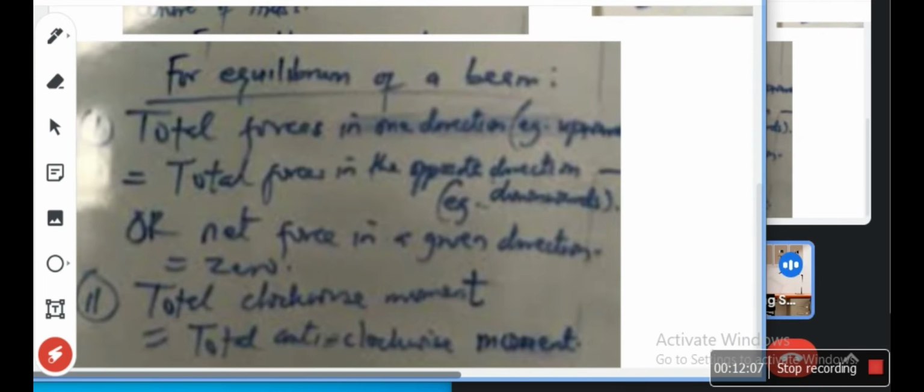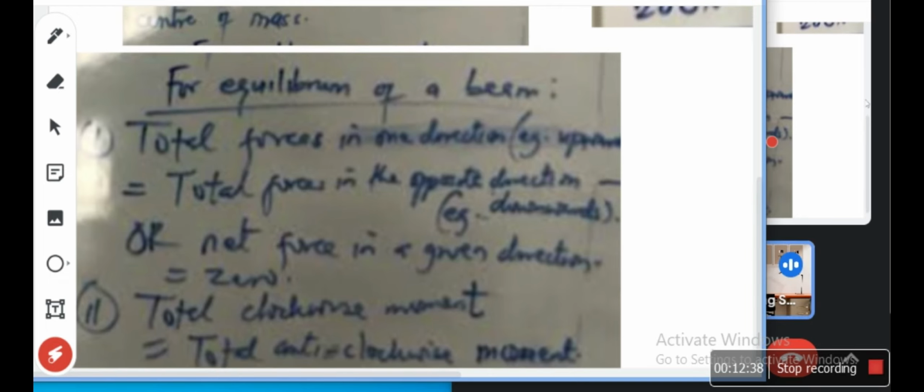Now let's look at the principle of equilibrium. There are two conditions that must be satisfied. Can you read the first one? In one direction, going upwards, total forces. Good. Once you hear me, you respond immediately.